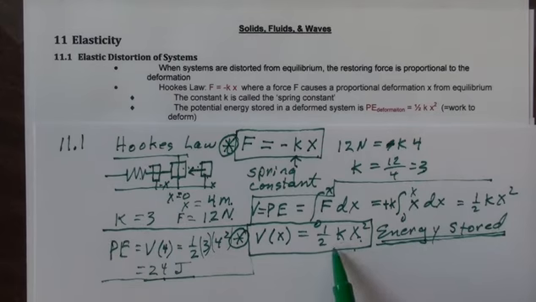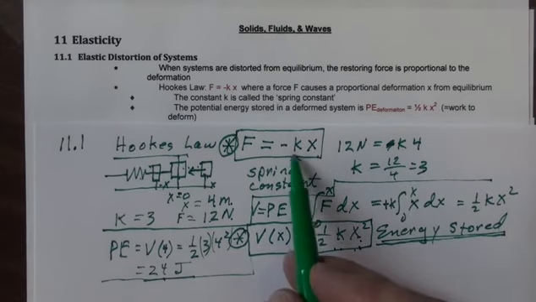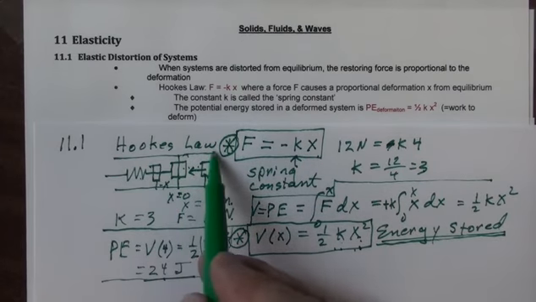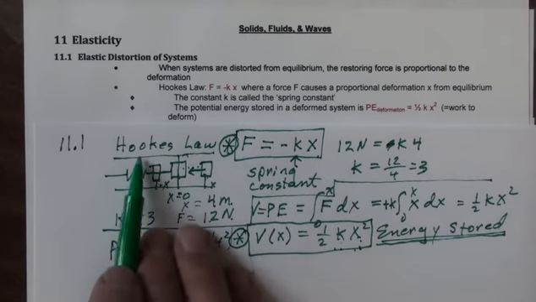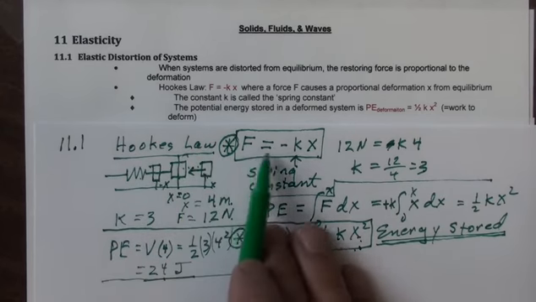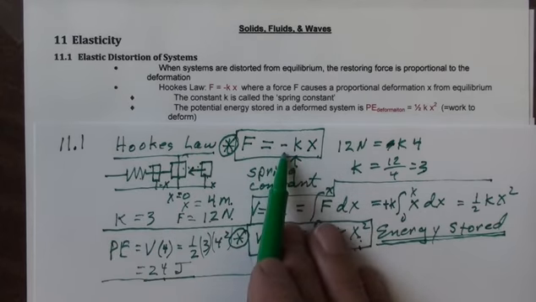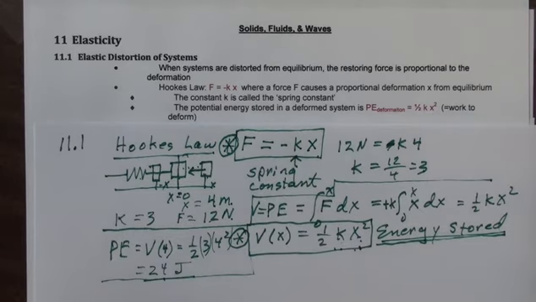So in any elastic system, we can store energy in it, we do work to perform that deformation, and the deformation gives us a force given by this equation, which is called Hooke's law. The operable things to know here is that this is called Hooke's law. The force is proportional to the distance. It's in the opposite direction from the deformation. Secondly, this will hold for essentially any deformation near equilibrium.